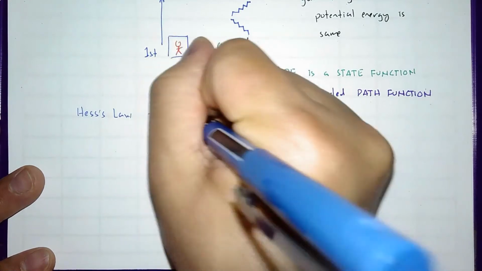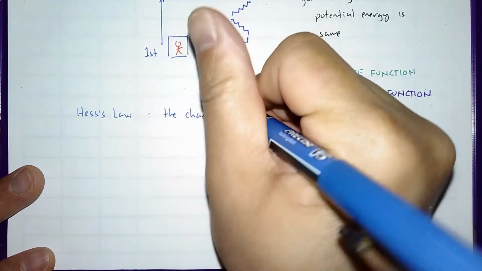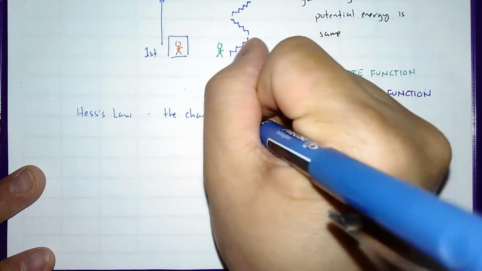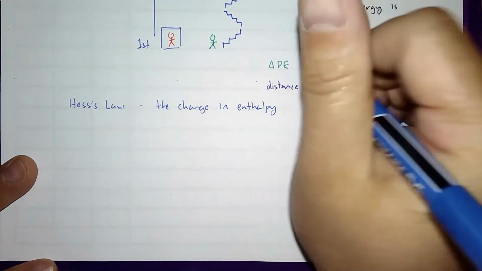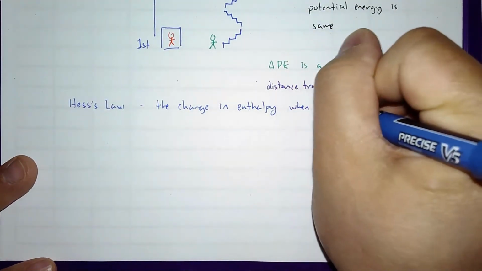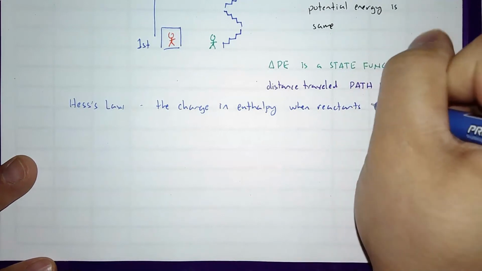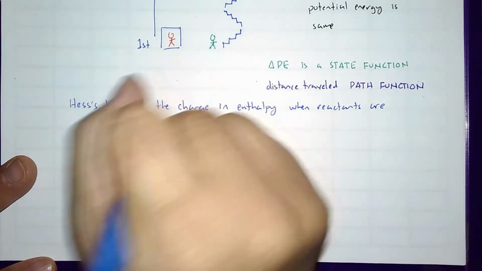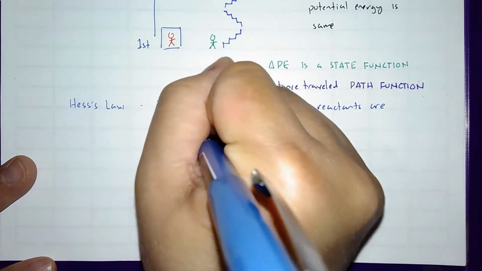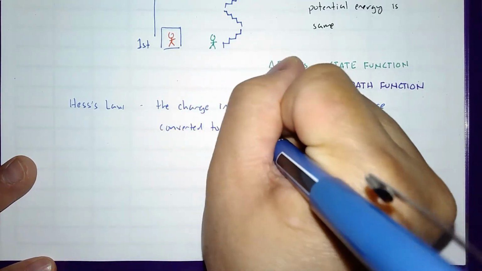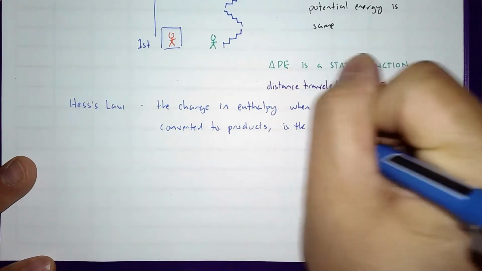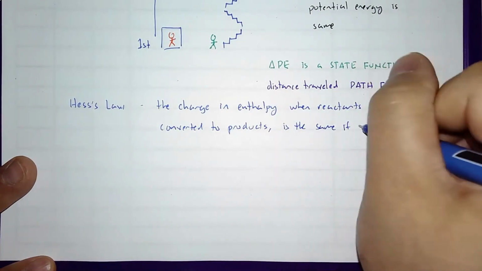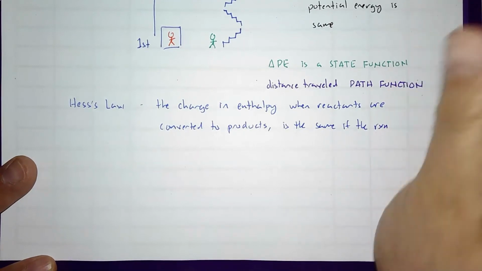The change in enthalpy when reactants are converted to products is the same whether the reaction takes place in one or many steps.